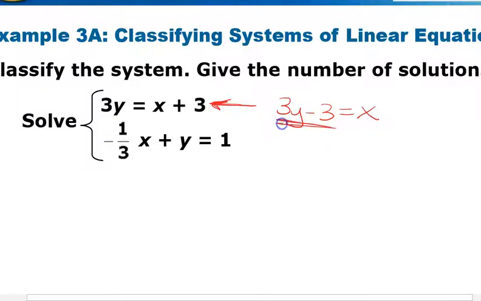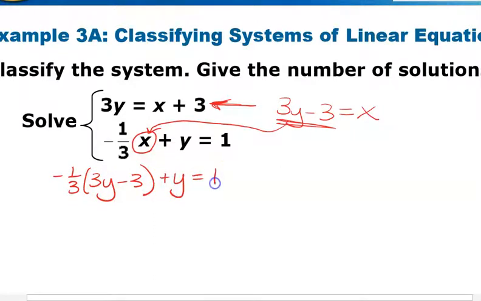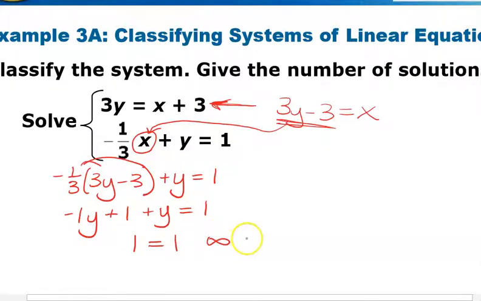And I'm going to take this and I'm going to plug it into x on the second one. See, I just plugged it in for the letter x. Brought to you by the letter x. Now I'm going to distribute that in. And I have a negative 1y plus y on this side, so those actually cancel, and I get 1 equals 1, which means there's infinite solutions, because that is a true statement.